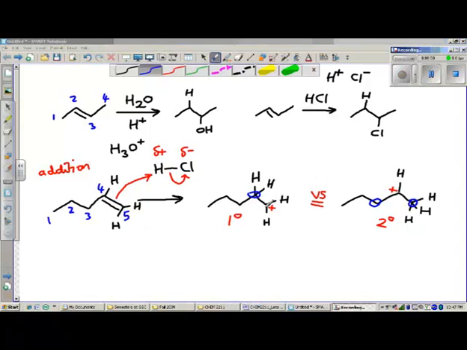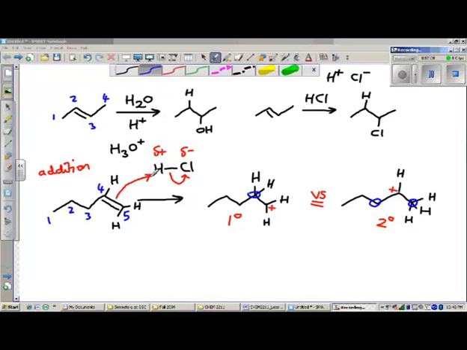So what we've just shown here is actually describing this thing called Markovnikov's rule. You can write this out in words in several different ways. One way is to talk about the location of the hydrogen that gets added in.